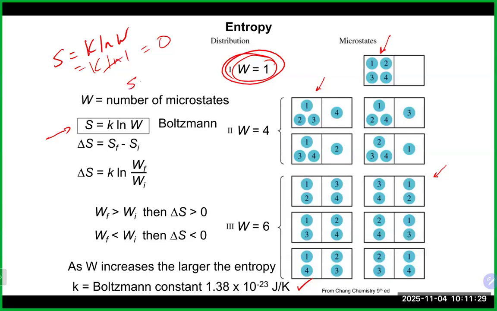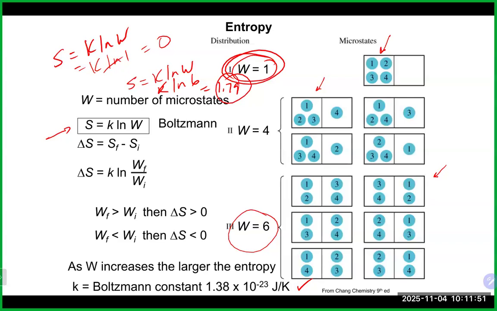If we look at the one where there are many ways to achieve it, that would be the natural log of 6. Taking the constant out of that, that would get us about 1.79, which is obviously a much more positive entropy in that situation.